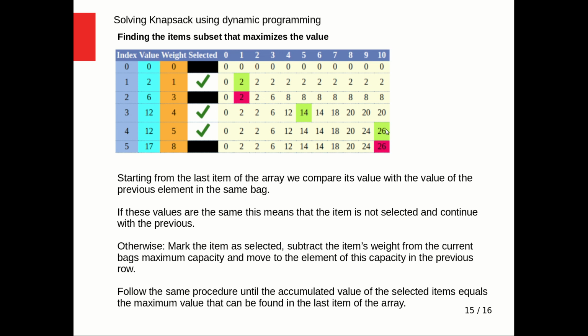Because if it was included, the weight would have been larger. So we mark it with black, which means is not included. Then we move to the next element going on top, the green 26, which we see that the item above has the value 20, which is less than 26.